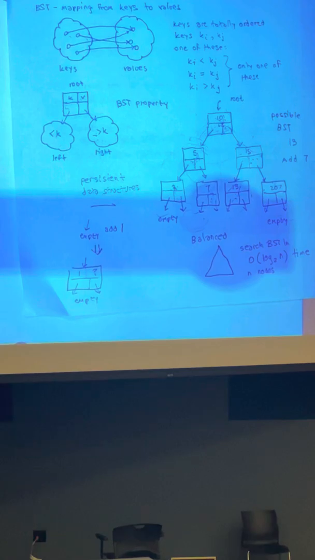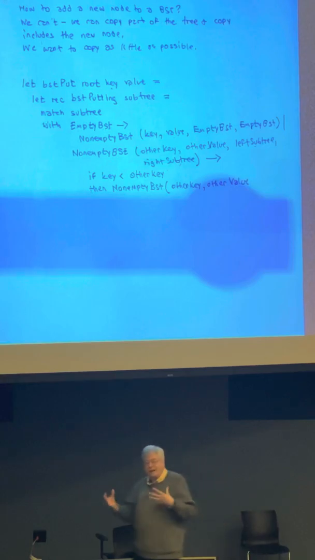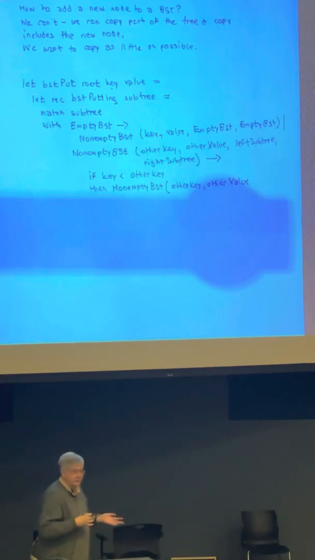All right? But now we have to be careful. We don't actually need to copy the whole tree. We only need to copy part of it. And what happens is that when we pass arguments to OCaml functions, we are passing pointers to those arguments. So if we just pass a value as an argument, we're not automatically making a copy.